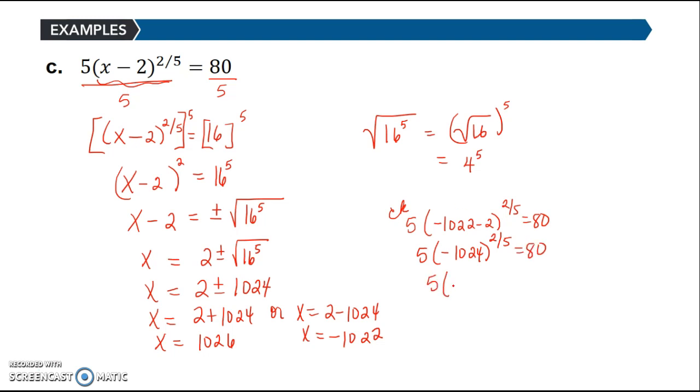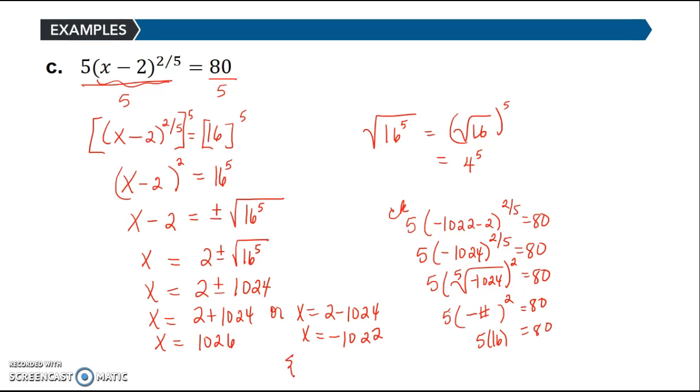And so this is to do the 5th root of -1024 squared. But the 5th root is going to be some negative number, but when I square it, it will be positive. In fact, what is it? 4. So we would really get -4. -4 squared would be 5 times 16, which is 80.